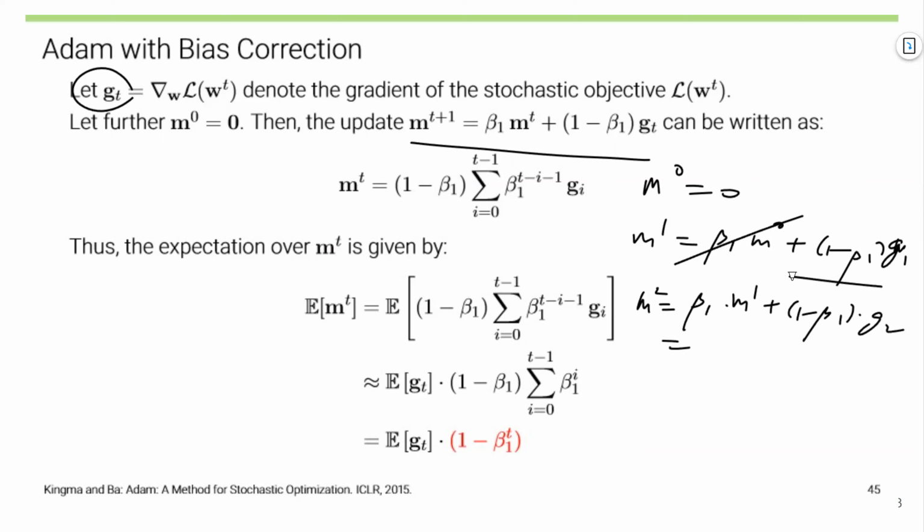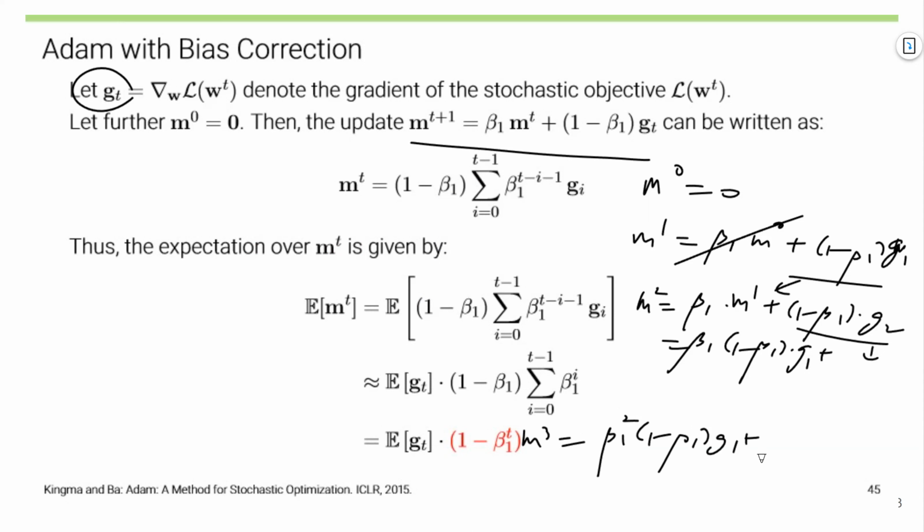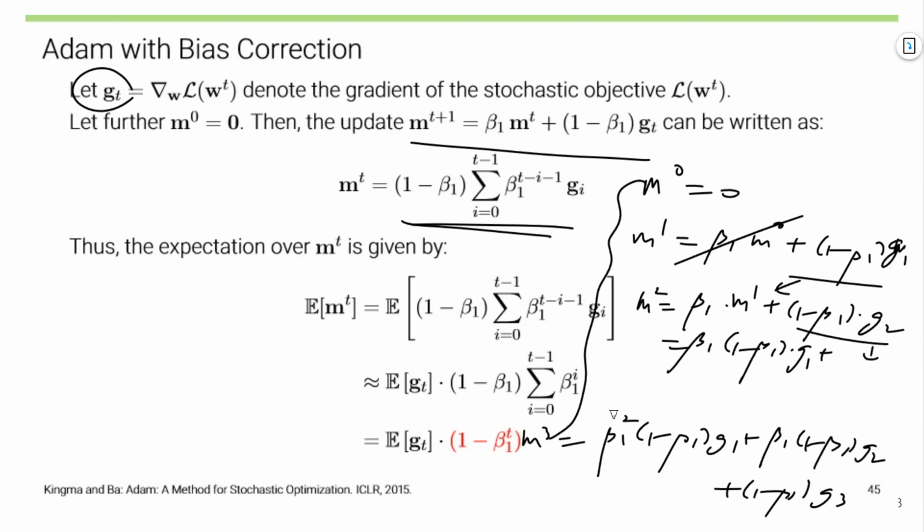If you put this here, beta 1 times 1 minus beta 1 times G1 plus this value. And when you calculate M3, this will become beta 1 squared times 1 minus beta 1 G1 plus beta 1 times 1 minus beta 1 G2 plus 1 minus beta 1 G3. You can see the pattern here, and this equation abbreviates this pattern.